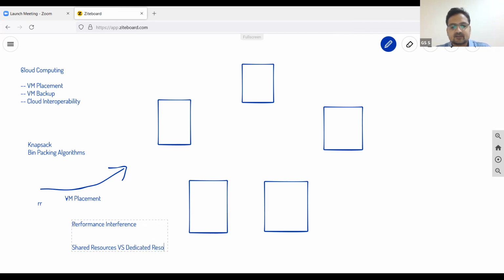But see, the thing is quite easy to understand, but it is not very easy to have it in a production or industrial environment, because you went to cloud for the purpose of higher hardware utilization and less cost, and that can only be achieved if you have shared resources.